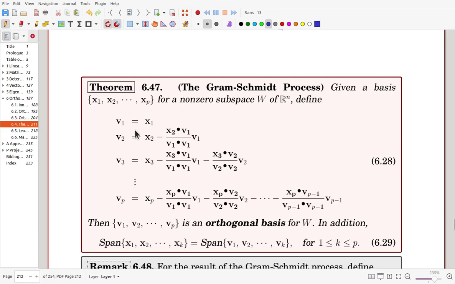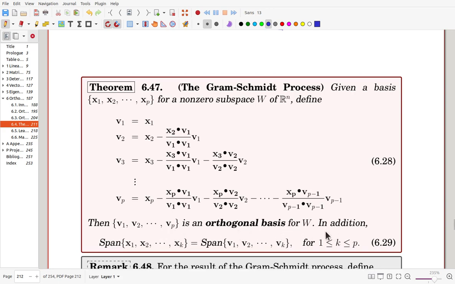And we go to the last one. So that is now the set of orthogonal vectors, so that v1 to vp, the set, is an orthogonal basis for W.